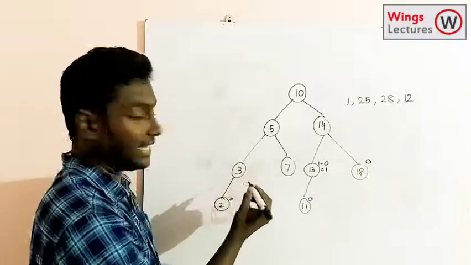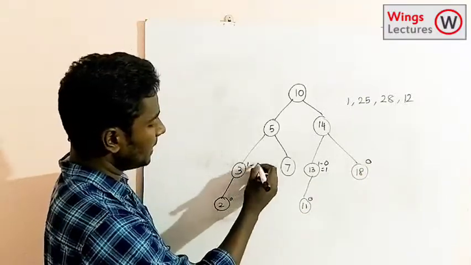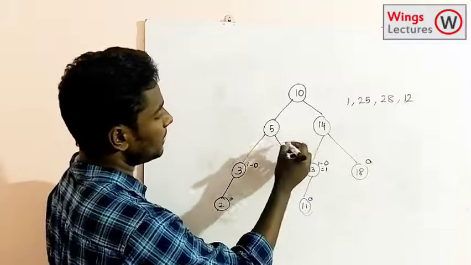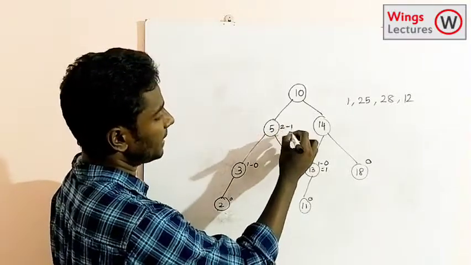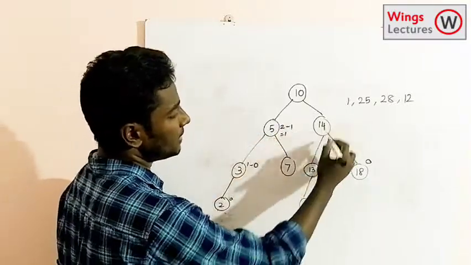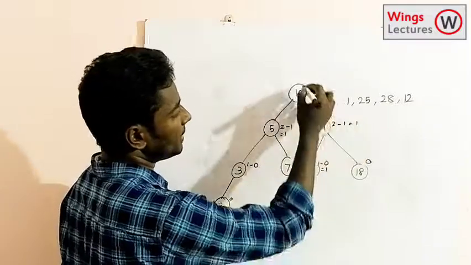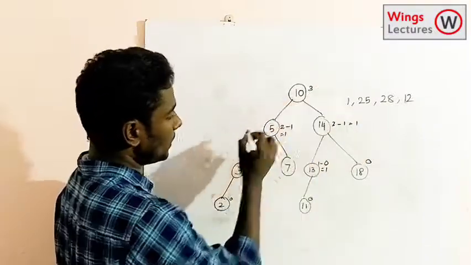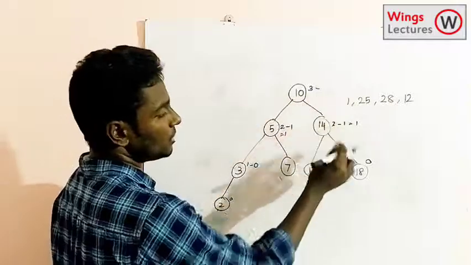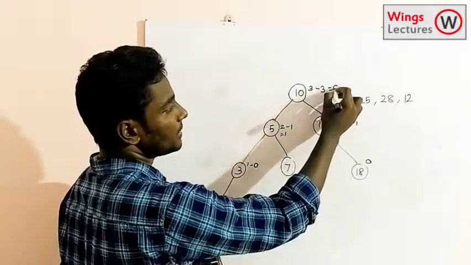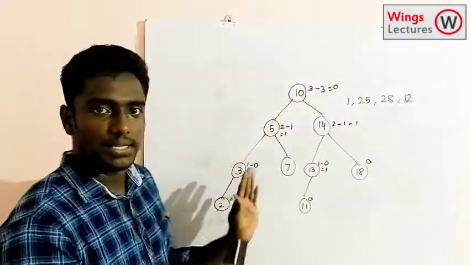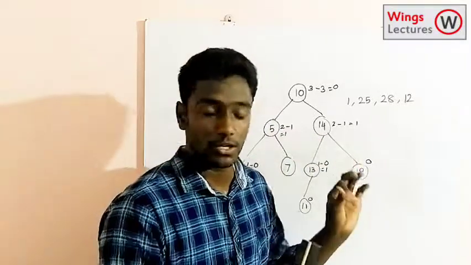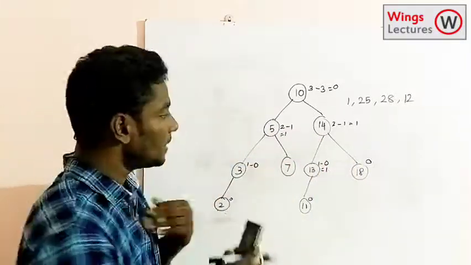Now balance factor of 3 is 1 minus 0, and balance factor of 5 is 2 minus 1, 1. Then here also 2 minus 1, 1. What about 10? 3 minus 3, it will be 0. So it's satisfying the binary search rule and AVL tree rule, right?